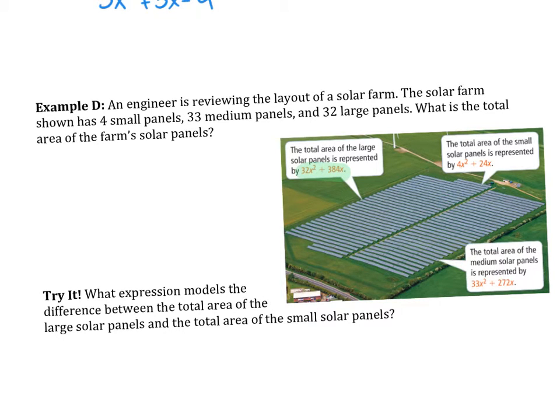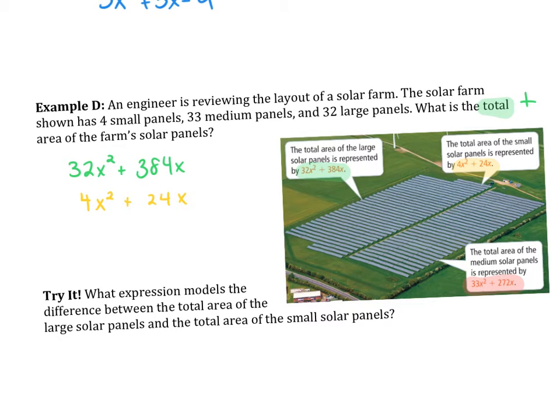So there's a couple different ways to approach this, but we could actually just start stacking as we see. Here's one panel, a second panel, and a third panel that we can just stack on top of each other. Because it does say what is the total, and total implies that we are adding things together. So, let's start with the first one. 32x squared plus 384x. The next one I'm going to stack underneath. 4x squared plus 24x.